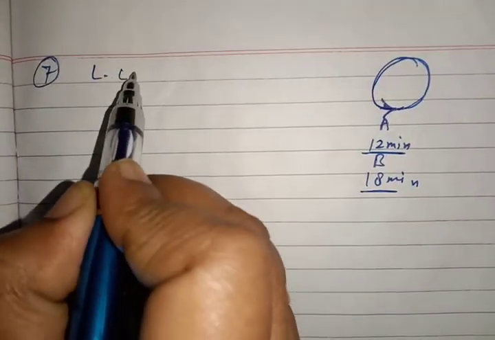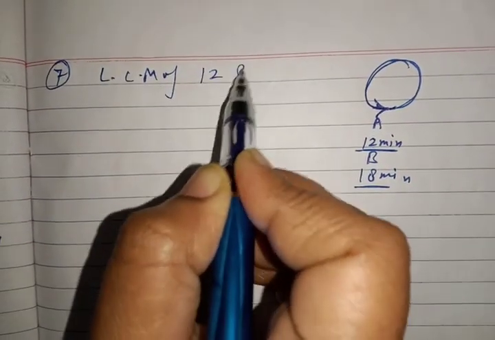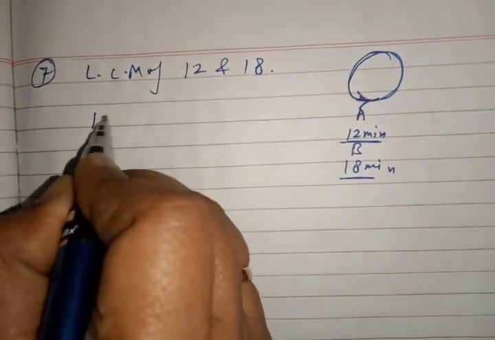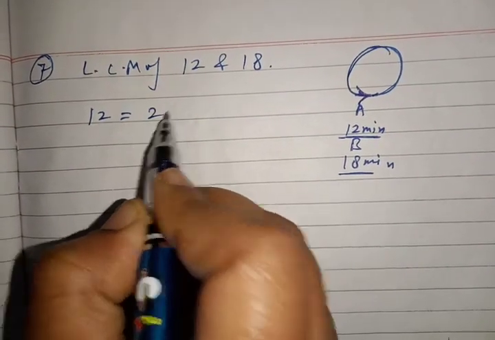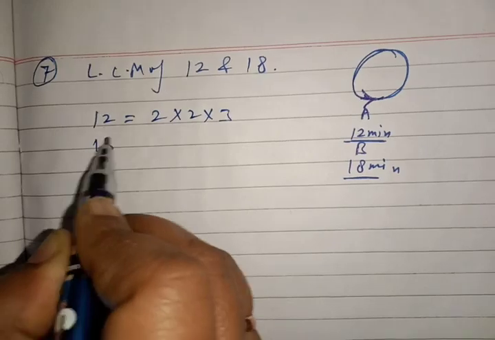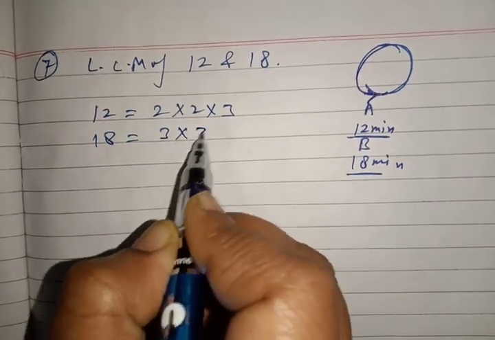We will find the LCM of 12 and 18, and you know this very easily: 12 is 2, 2 and 3, and 18 is 3, 3 and 2.